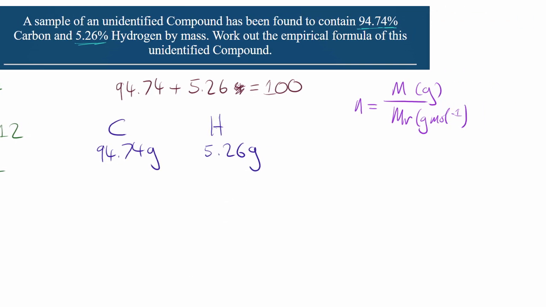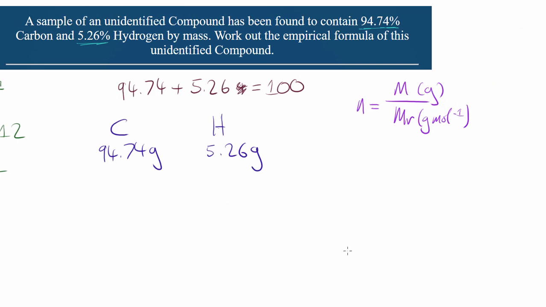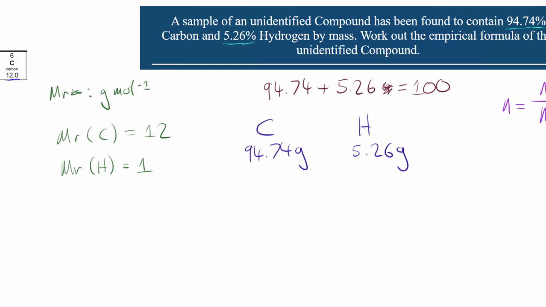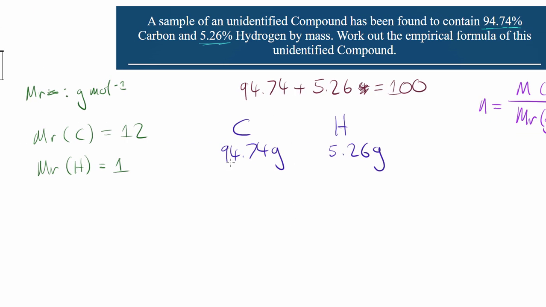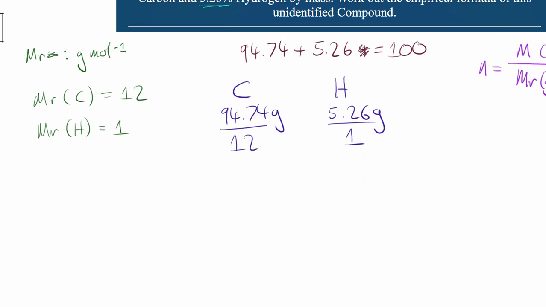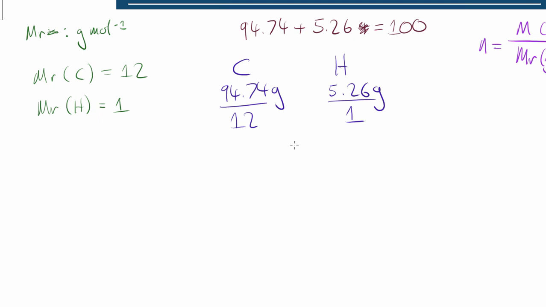And as we saw here, to get to the moles, we need to divide the mass by the molar mass. So we're going to do that now. We're going to divide these masses by the molar masses. So divide this by 12, divide this by 1. And once we've done that, what ratio are we going to get? So for the ratio of moles, in this case, we know that that's just going to be 5.26, right?